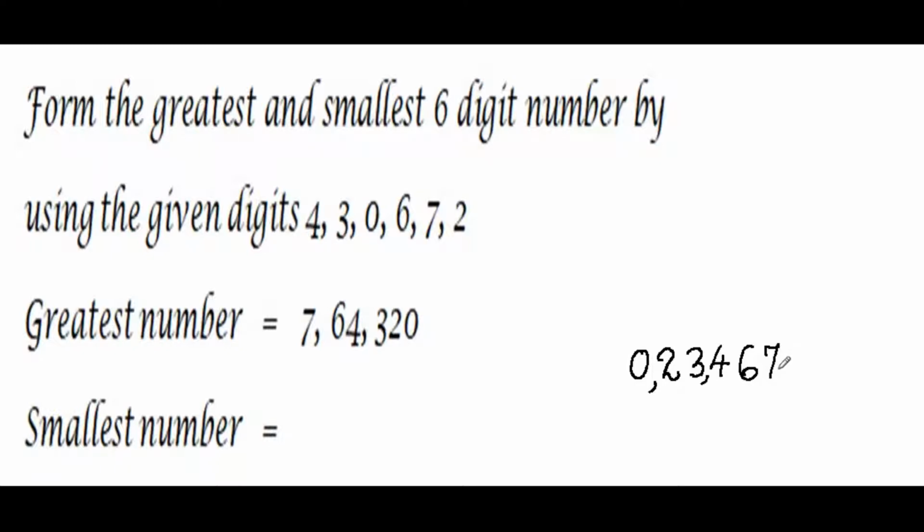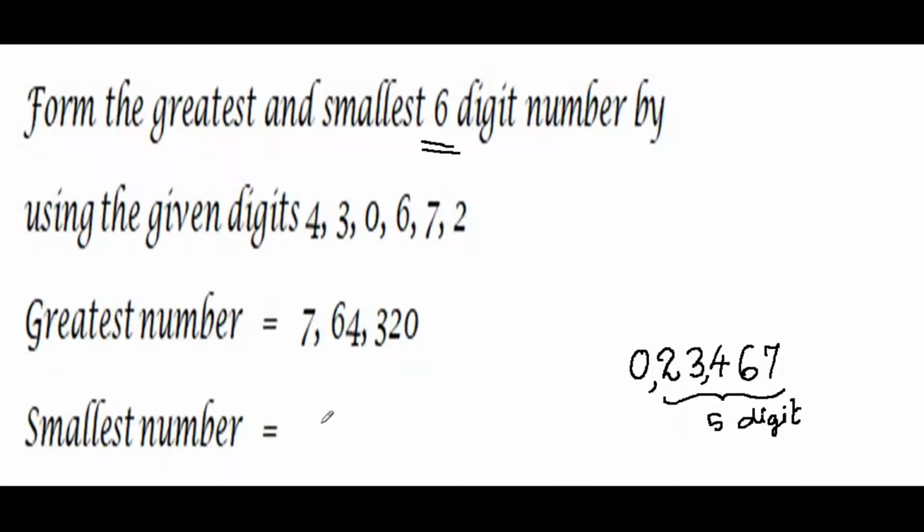It's not correct because we need the smallest 6-digit number. Here 0 is in the lakhs place, so we can think of this as a 5-digit number. So how can we solve this problem?